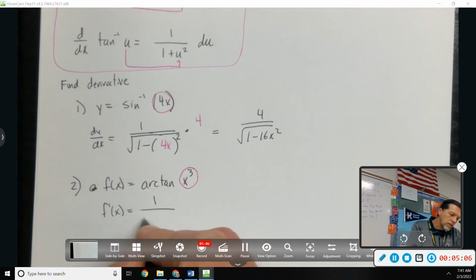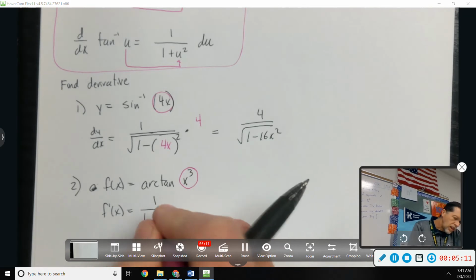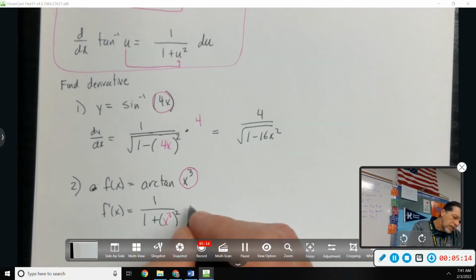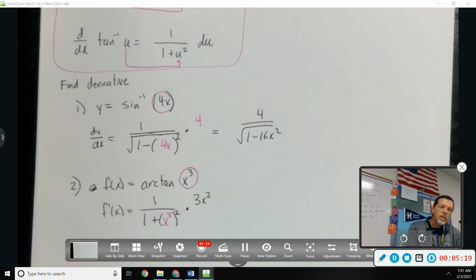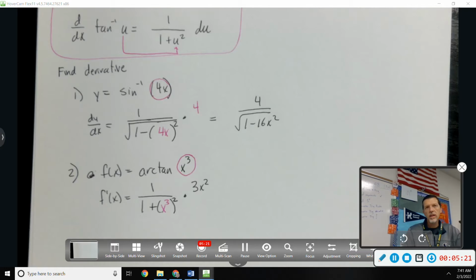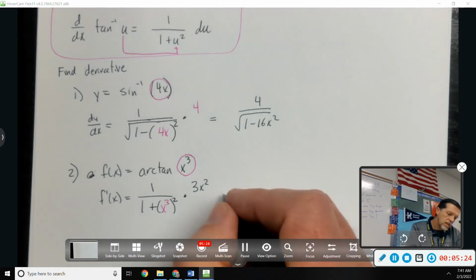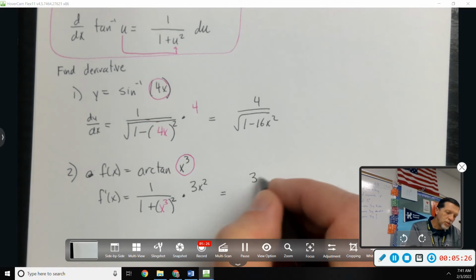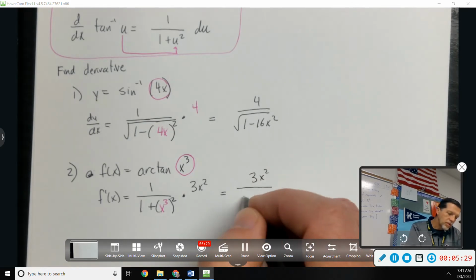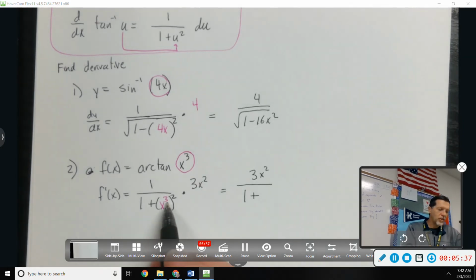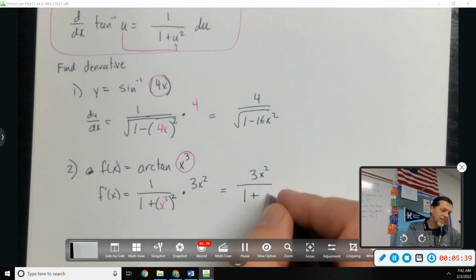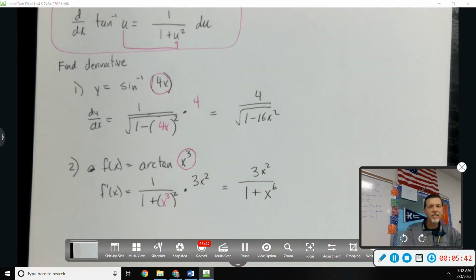So 1 over 1 plus x cubed squared times chain rule 3x squared. That's a safe stop. Multiple choice, we would clean it up a little bit. 3x squared over 1 plus. Here's your Monday or your Thursday morning algebra review. What's x cubed squared? X to the 6th. Yes.